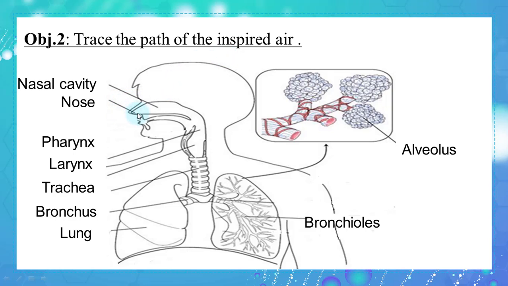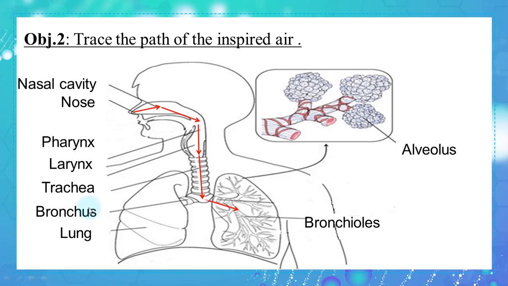The air enters our body through the nose, then to the nasal cavity. After that, it reaches the pharynx. Then it passes through the larynx. From the larynx to the trachea. From the trachea to the bronchus.